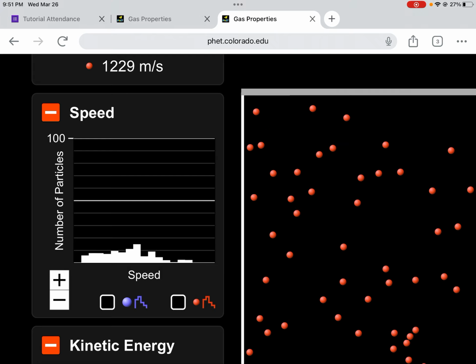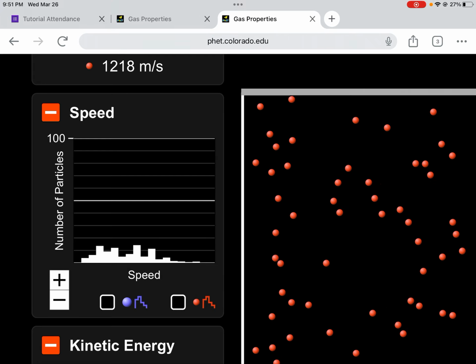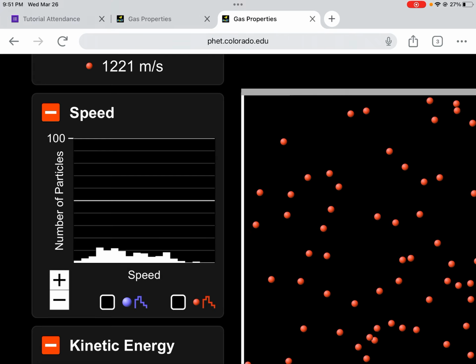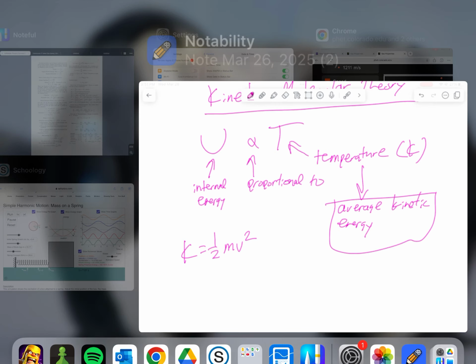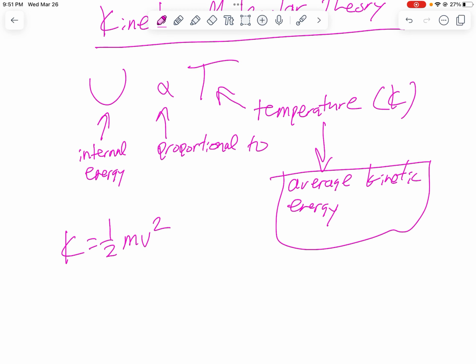Since they're at the same kinetic energy, because they're at the same temperature, the smaller one, in order to compensate for having a smaller mass, has to have a bigger velocity, so it can have the same kinetic energy as the heavier one. Or the other way around, since the heavy one has a bigger mass, it has to have a smaller velocity, so it can have the same average kinetic energy as the light gas.